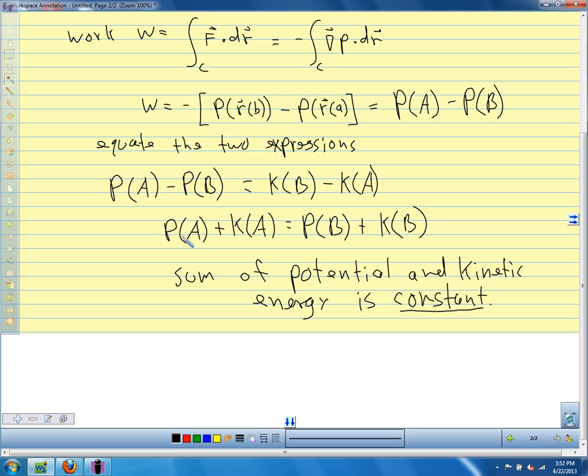So this is assuming just that our field is conservative and that Newton's second law is true. We come up with the conservation of energy. So that's starting from really some basic assumptions. That's a pretty amazing thing to be able to come up with from those assumptions.